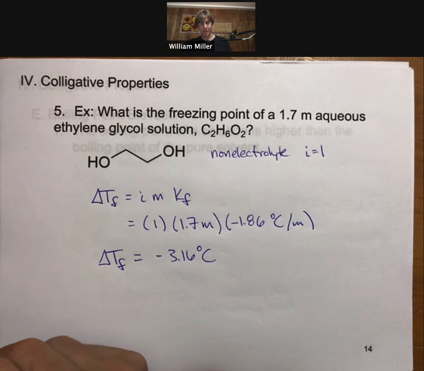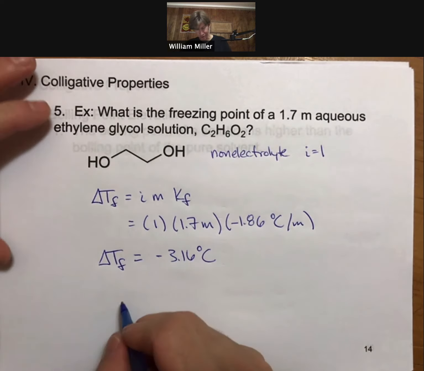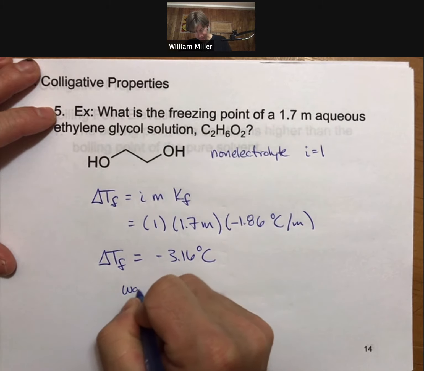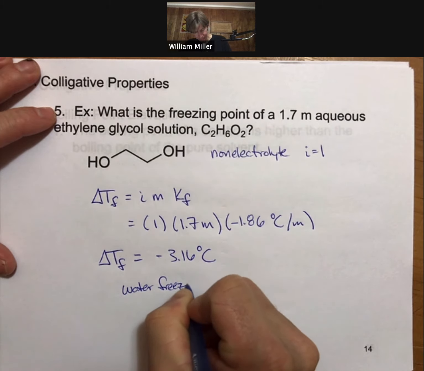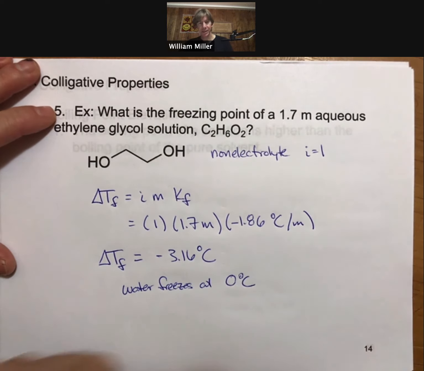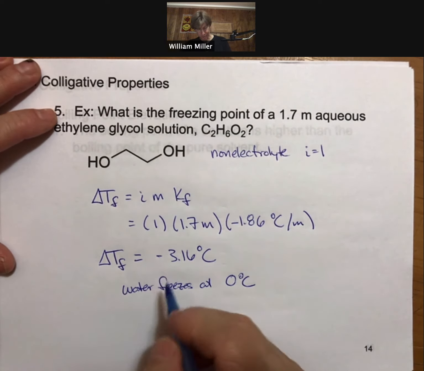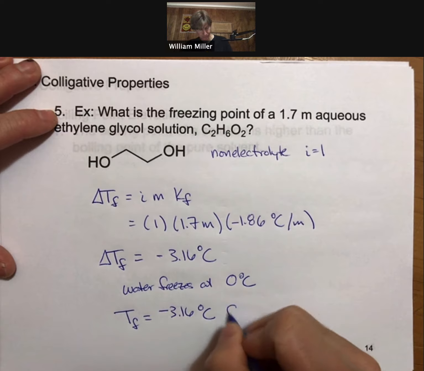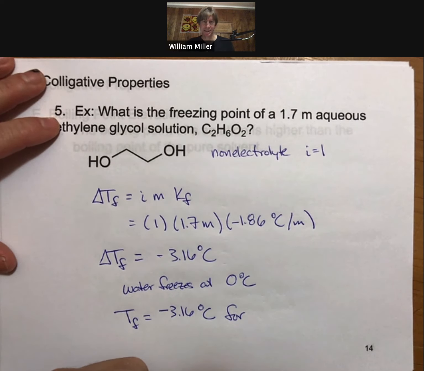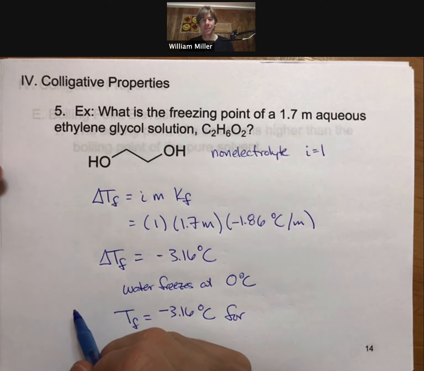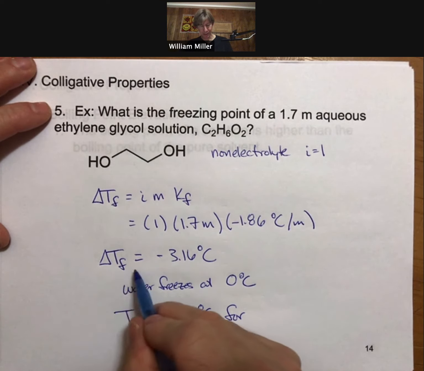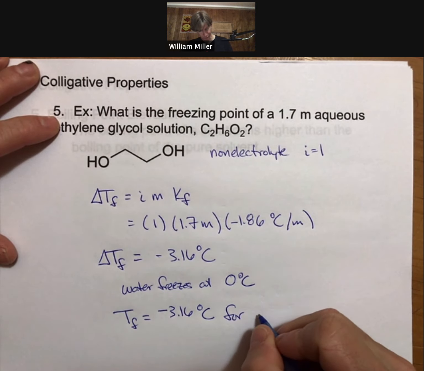And then the question might be, well, what is the freezing point of this solution? Well, we know that the freezing point of water is 0 degrees Celsius. So the freezing point of this solution is minus 3.16. So this is a change in temperature. And so if you see an example that doesn't have water, or for freezing anyway, you do have to go through the step of taking that into account for this solution.